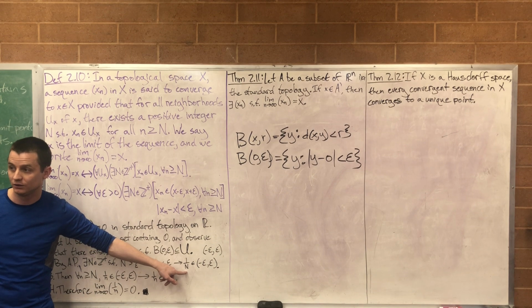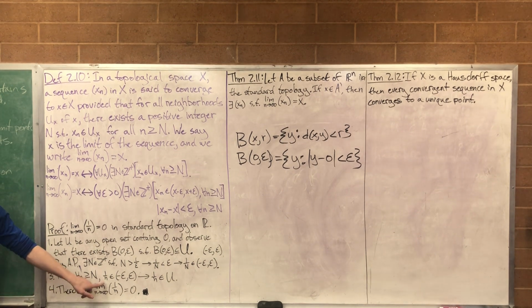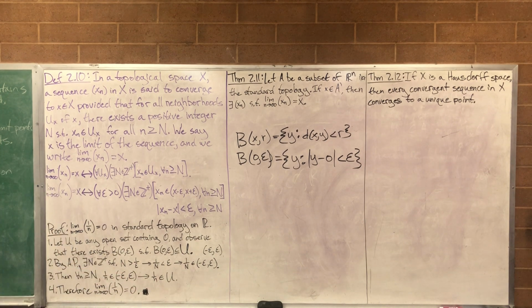So for all little n greater than or equal to that big N, 1 over little n is also in that interval. But that interval is a subset of U. So all those little n from that index onward are in U.